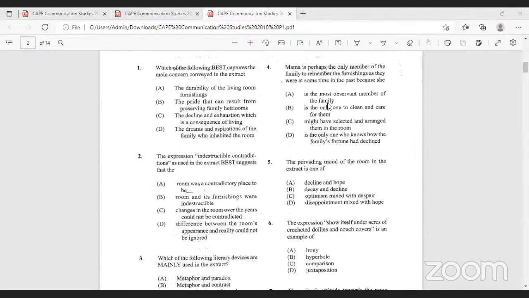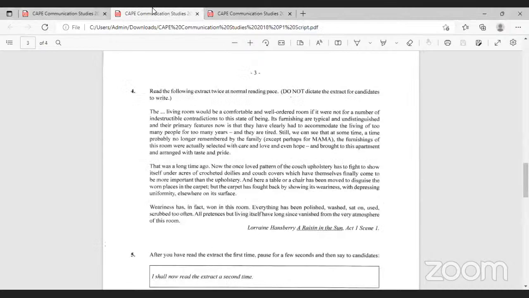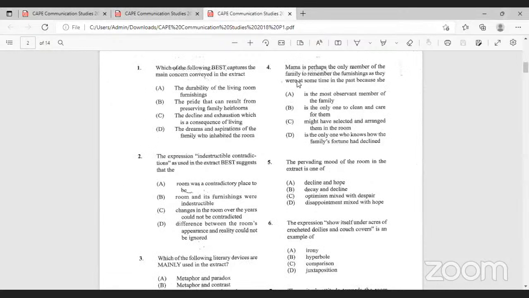Persons are saying A, decline and hope. There's no real hope in there. Even when they've mentioned it, even when they have tried to bring back the thing to some form of glory, it still didn't work. So it's actually B, decay and decline, right? 5 is B.